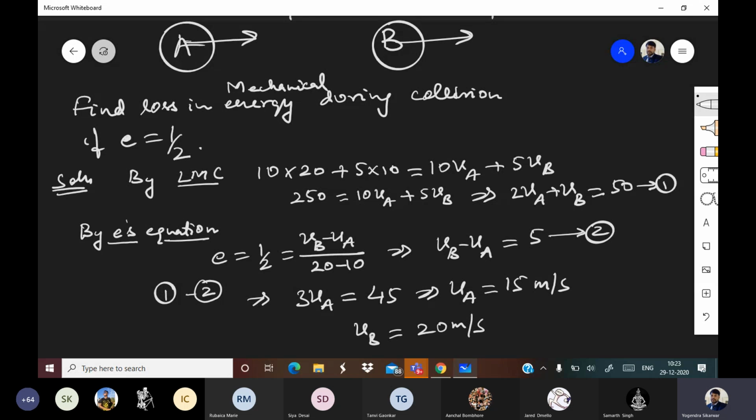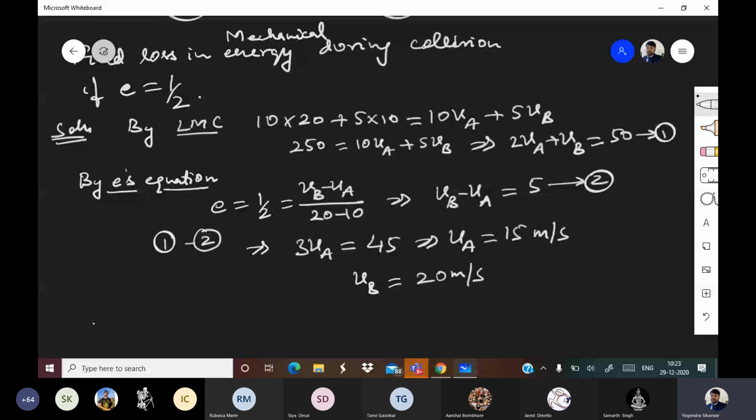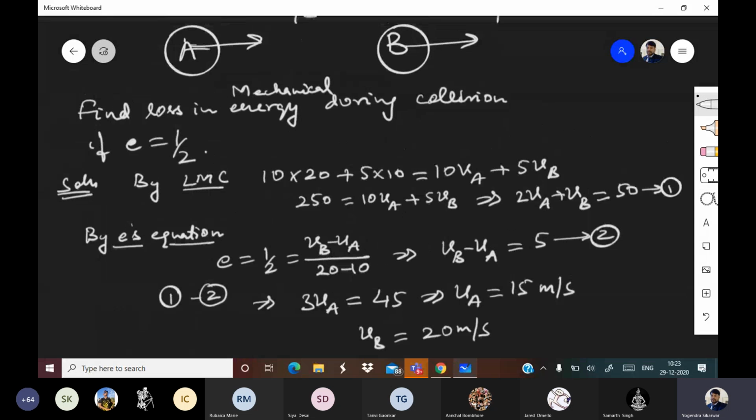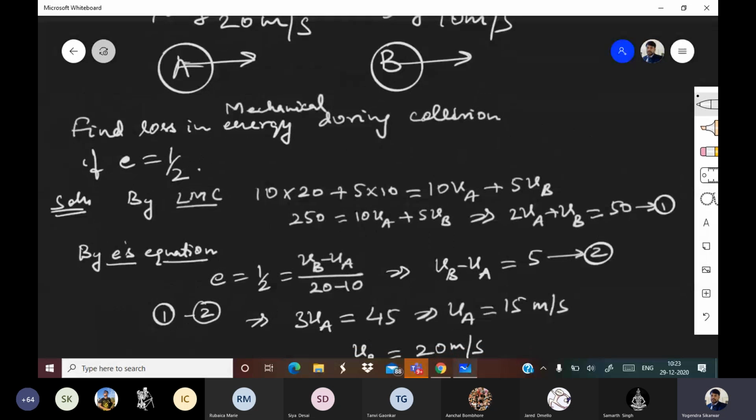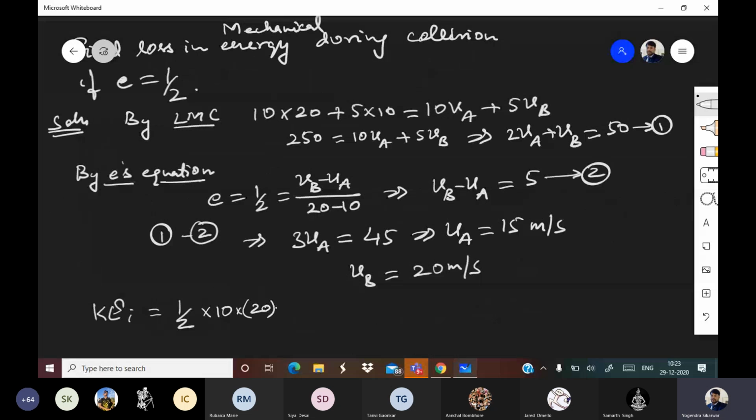Now what you need to do is you need to find how much was kinetic energy initially. Then you need to find how much is kinetic energy finally. And then you need to find the difference of two. So kinetic energy initial is equal to half into M, which is 10, into 20 square plus half into M, which is 5, into 10 square.